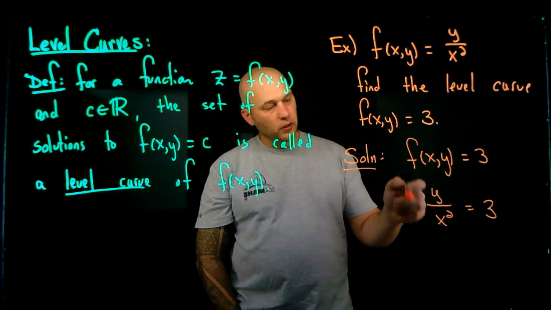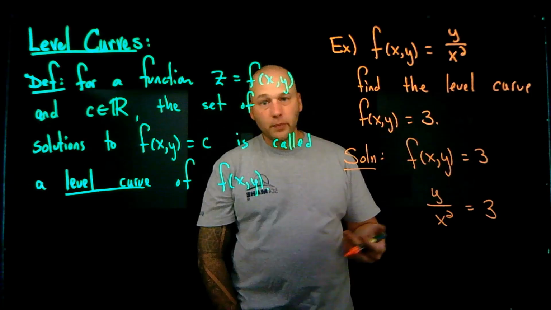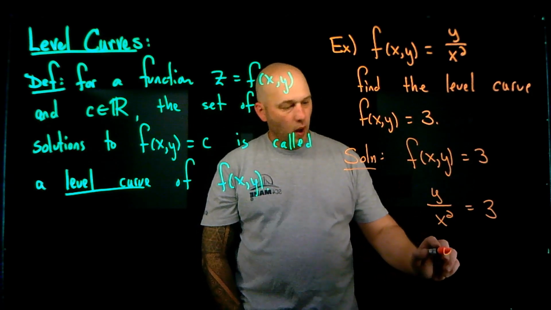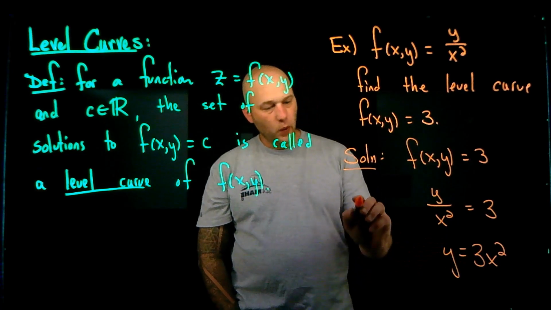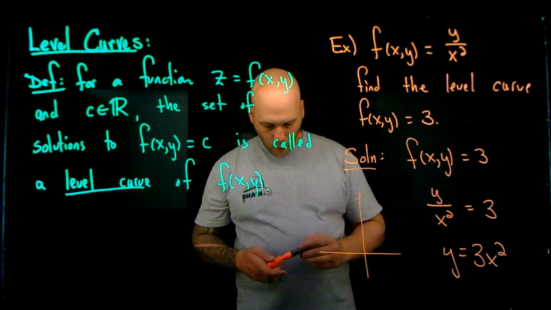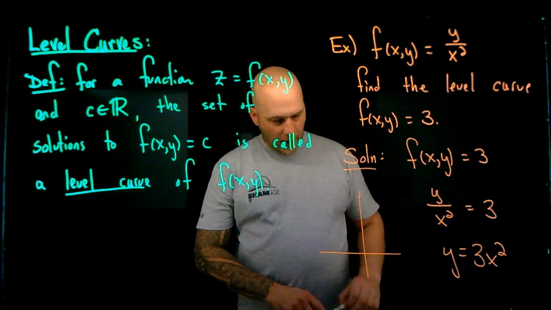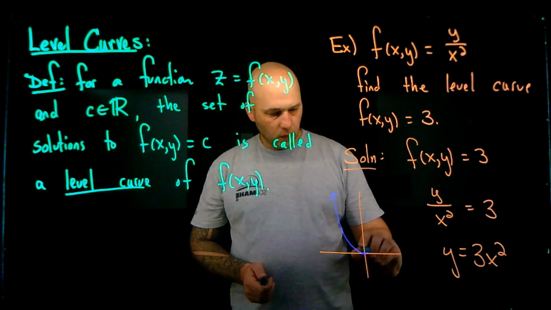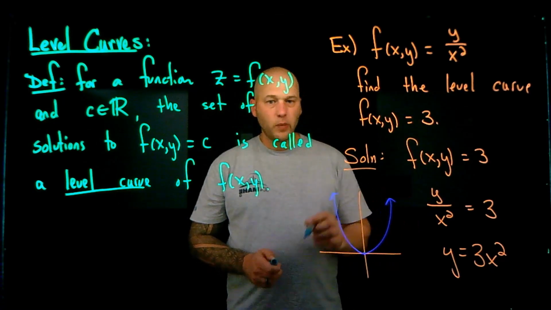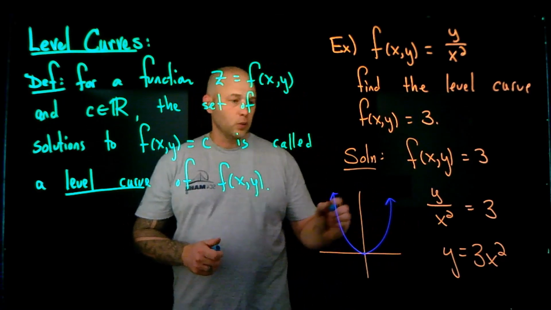And then I can turn this into something that we're familiar with from, say, pre-calculus, right? Y is equal to 3x squared. And therefore the level curve is the parabola stretched by a factor of 3 starting at the origin, okay, and it would be this guy right here. So that would be my level curve, f equal to 3.